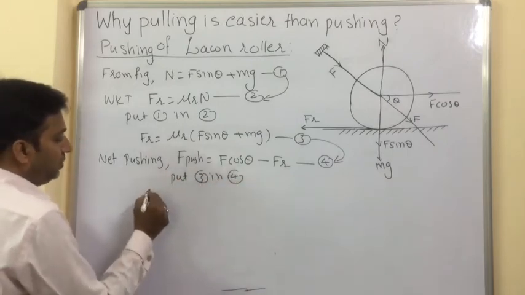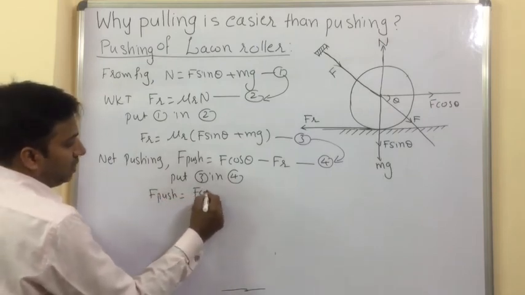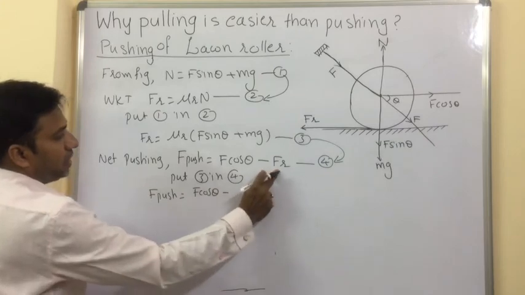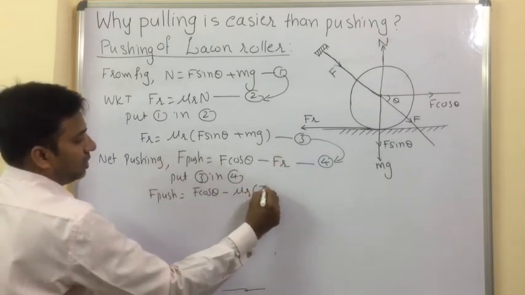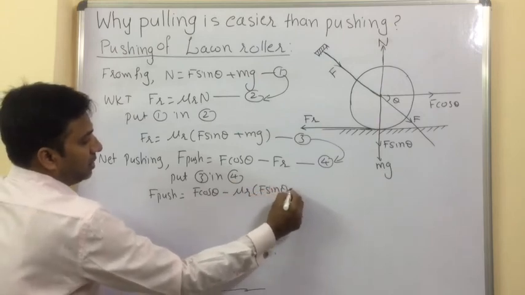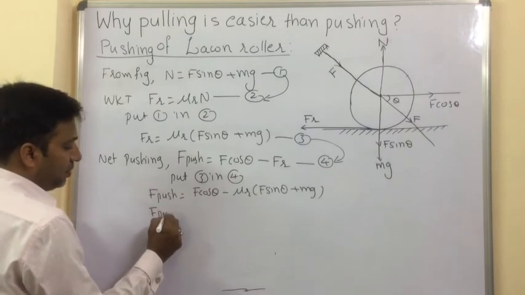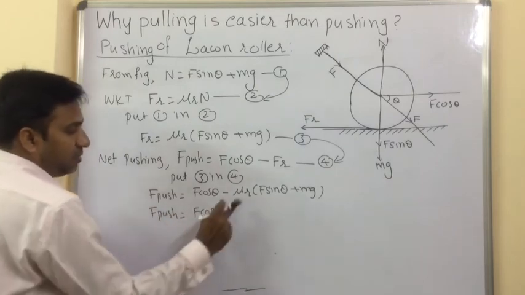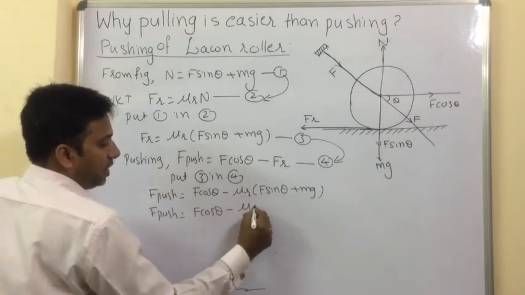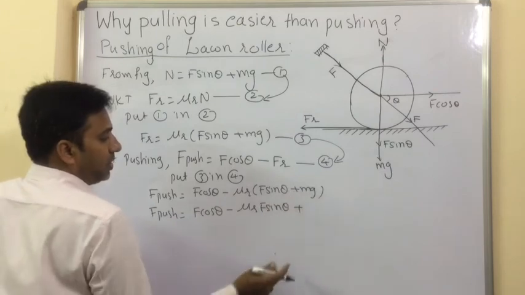F push equal to F cos theta minus Fr. In place of Fr write this complete term, that is mu r into F sin theta plus mg. Next step, F push equal to F cos theta minus mu r F sin theta, multiplying each term with mu r, plus mu r mg.